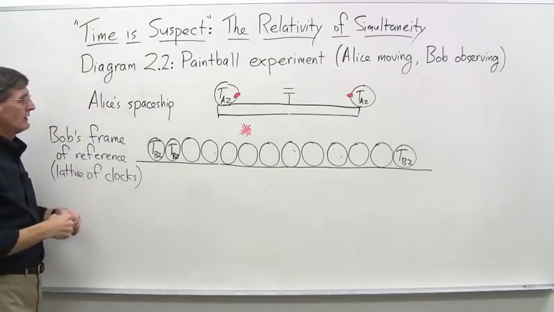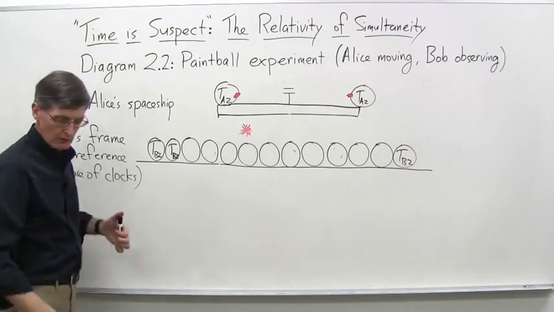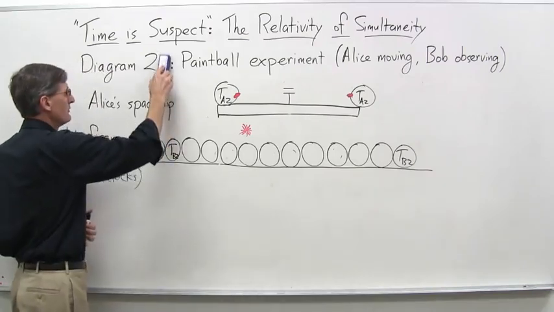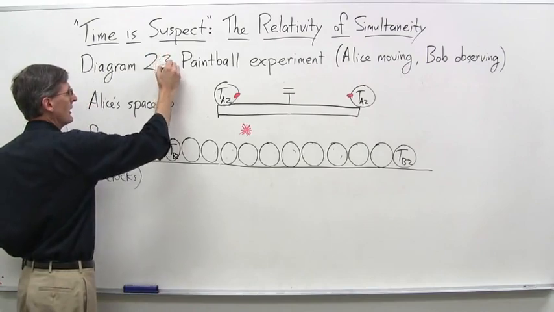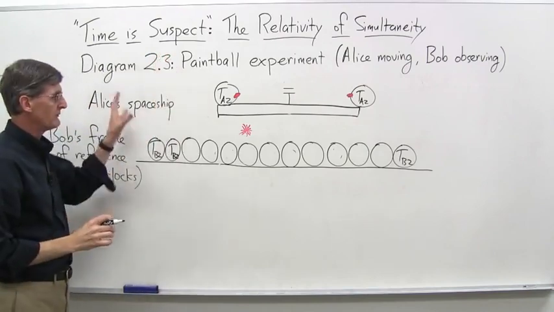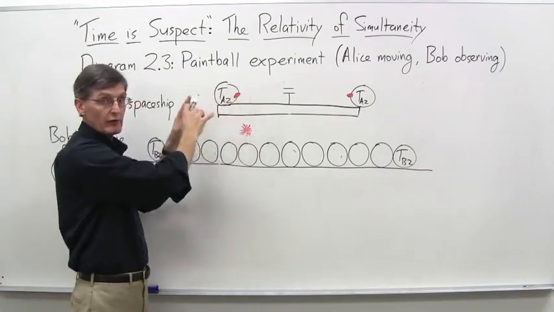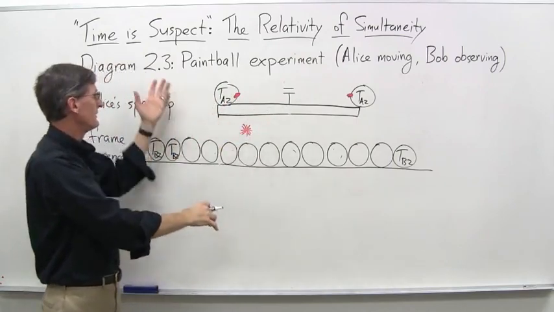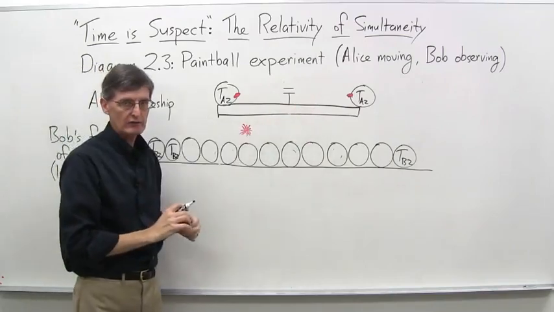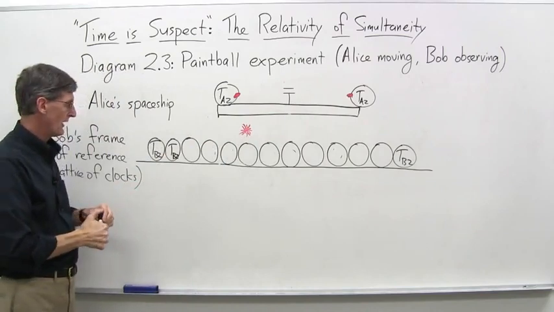Okay, so that's diagram 2, our paintball experiment, and just to be precise about this, the diagram we have on the board now is diagram 2.3. So we did the diagram first when they're right here and the paintballs were shot off, and then halfway through, when the paintballs were in transit, and then diagram 2.3 is when they actually hit. And you see something very similar to this on your handout.